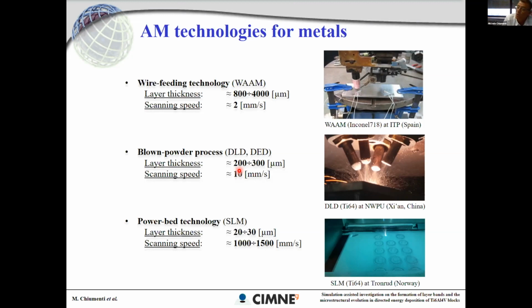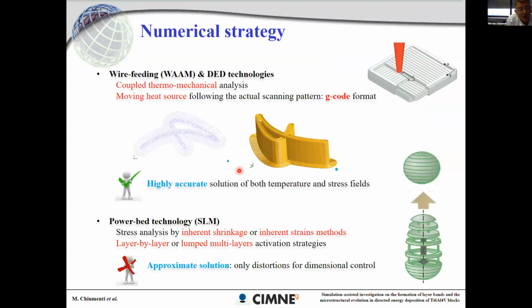Actually, currently, it is possible to face the numerical simulation of wire feeding and blown powder processes by high fidelity simulation, while this is still very difficult in the case of powder bed technology.